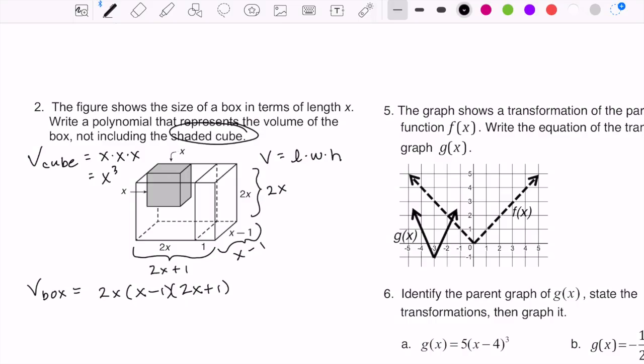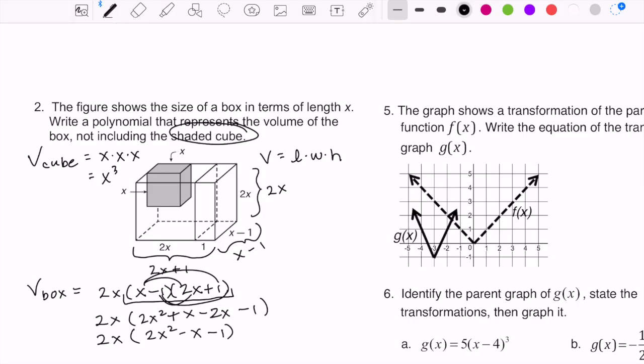So for me, I always like to do my binomials first because it just seems easier. If you want to do the 2x into x minus 1 first and then go from there, you can. There's not any rule on that. So this would be 2x squared and then plus x minus 2x and minus 1. I'm going to clean up the parentheses before I do anything else.